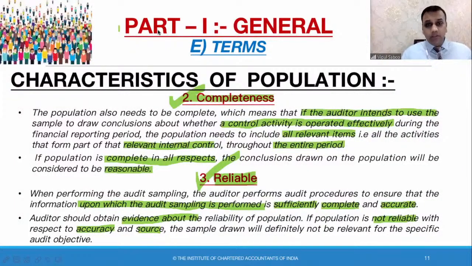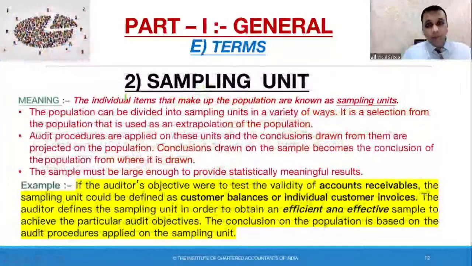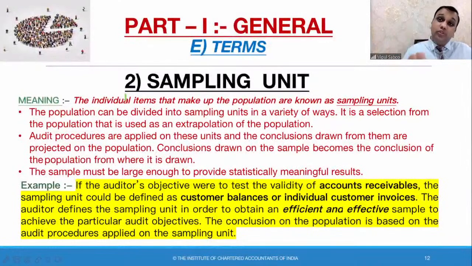So after reading about population, let's move to our next term. Sampling unit. Very easy. The sample we select from the population is sampling unit. No. Actually, the units of all the population which are subject to sampling.